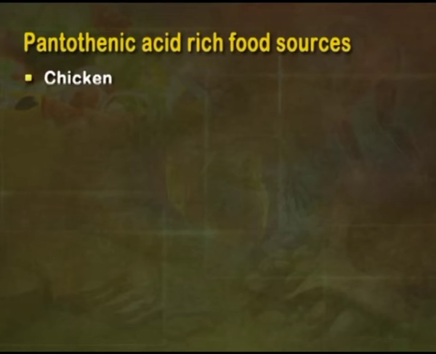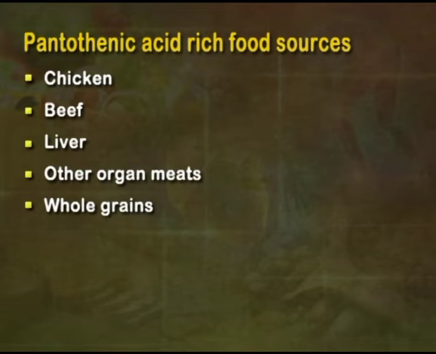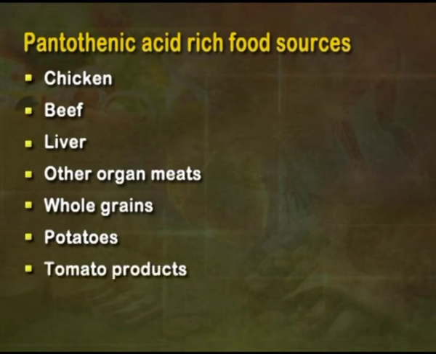Because of its thermal liability and susceptibility to oxidation, significant amounts of pantothenic acid are lost during processing. Rich food sources of pantothenic acid include chicken, beef, liver and other organ meats and whole grains, potatoes and tomato products. Coming to the next vitamin, that is vitamin B6.